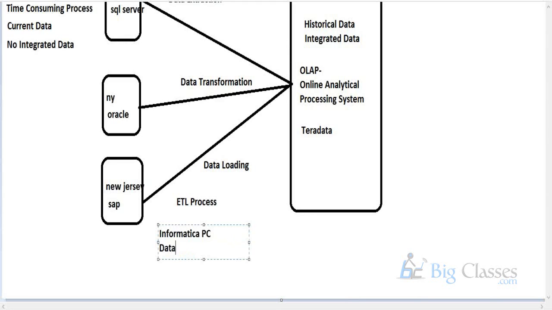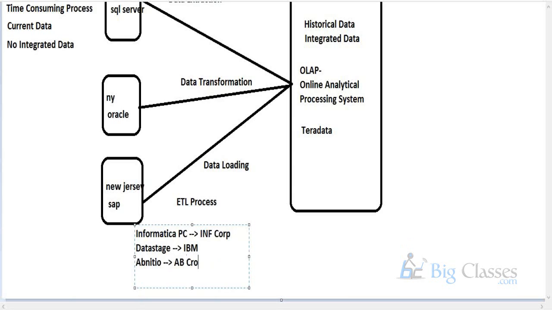We have DataStage, which is from IBM. We have Informatica Power Center, which is from Informatica Corporation. We have Ab Initio, which is another ETL tool, from Ab Initio Corporation.